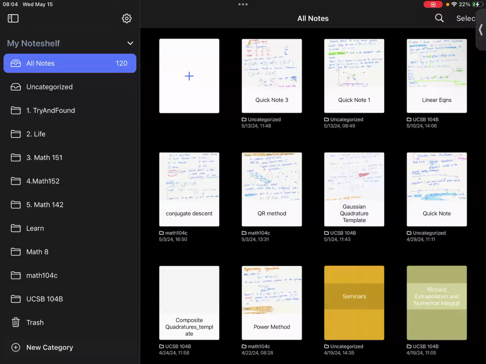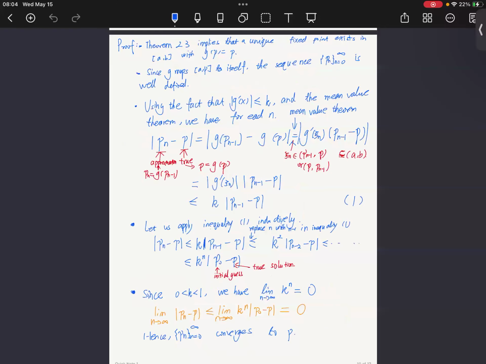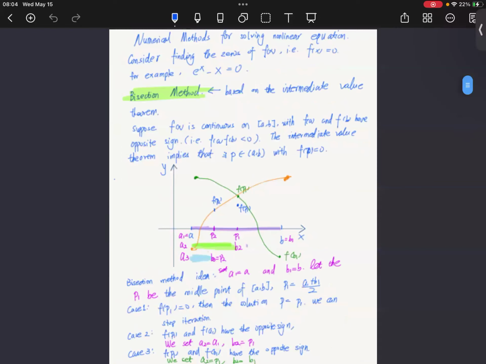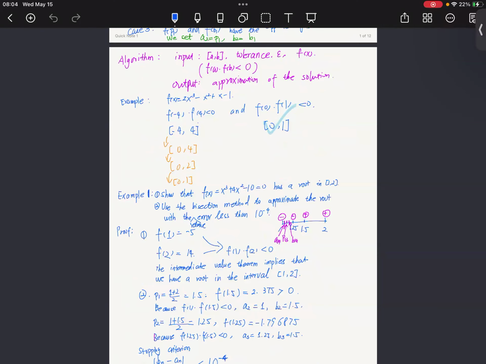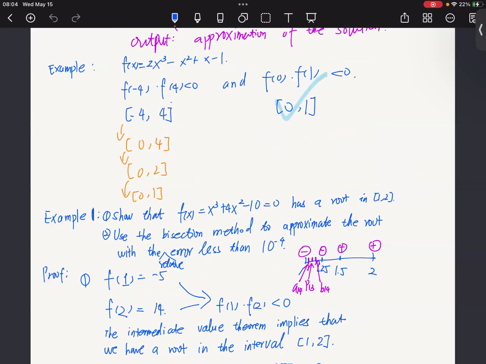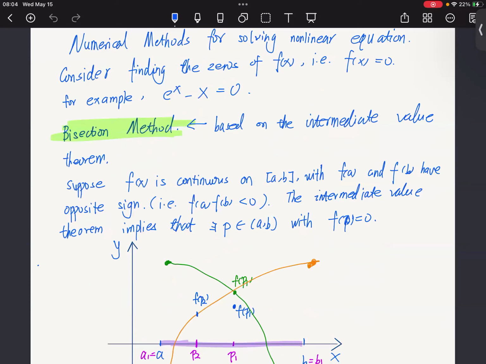And let's see, this one should be your notes here. Okay, so these are some numerical methods we learned to solve equations. We have already learned two methods.